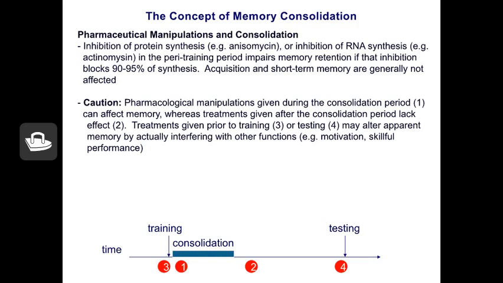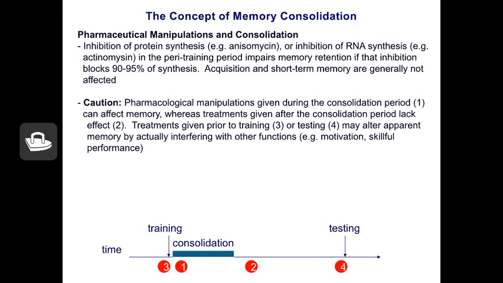Now, in fact, we need to shut down most synthesis in order for disruption of memory consolidation to occur. So if the doctor prescribes a little tetracycline or amoxicillin, I guess, it won't actually cause you to have any kind of cognitive impairment. But I also want to point out some considerations in the experimental design if we want to examine the impact of treatments like antibiotics on the consolidation of a memory.